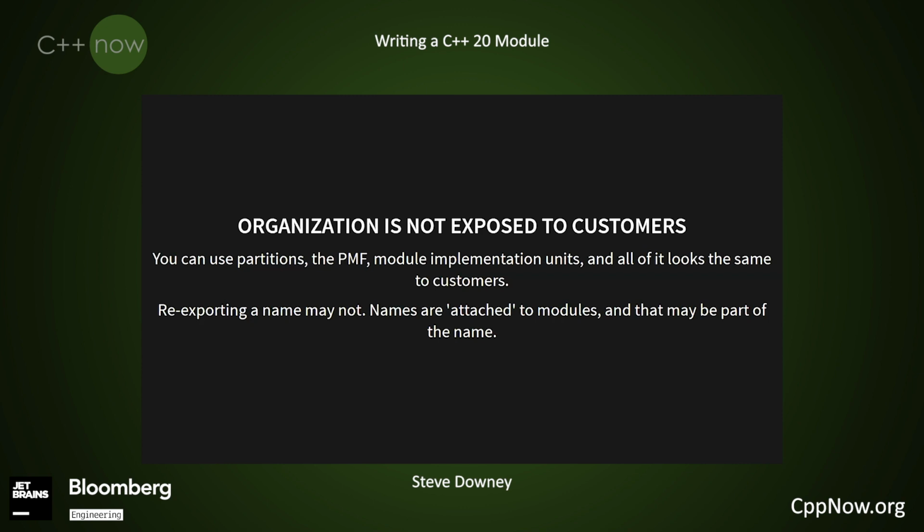This is the strong versus weak module decision. The models are different. Microsoft is using the strong model, which means that they have the ability to detect one definition rule violations. If two things are exported from different modules, they can identify that they conflict and where they're coming from and prevent all sorts of errors.